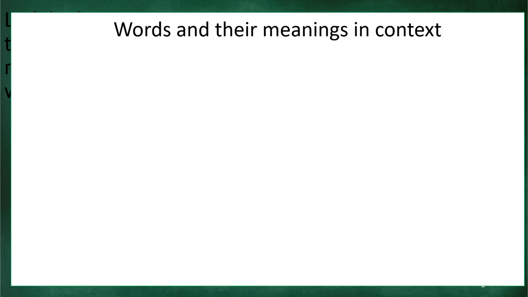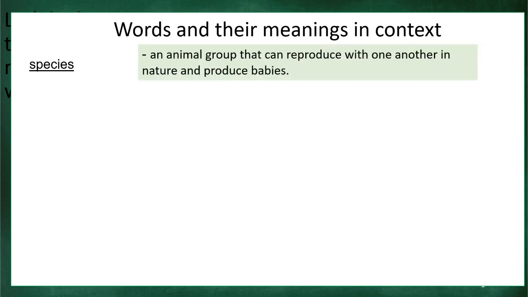Right. Now, as we read now, you're going to come across certain words. I think I've highlighted them in red. And I just want to go through the meaning of those words so that when we read them, you'll know what they mean. So we'll talk about species, the rhino species. What do we mean? In this context, it's an animal group that can reproduce with one another in nature and produce babies.